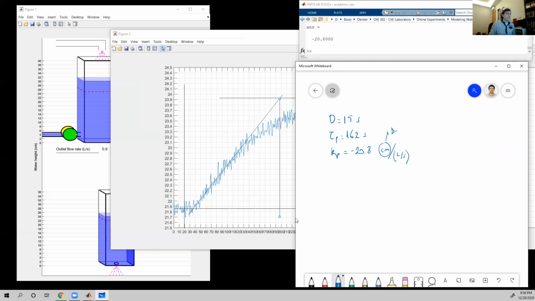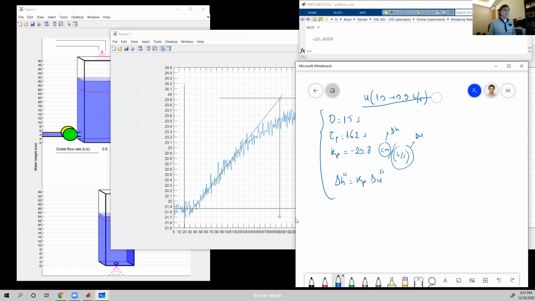This is the delta U, and this is delta Y and delta H, because actually delta H is equal to Kp times delta U, but this is a steady state value, so that's why it's called steady state. Anyway, so these are the values of our process when we change U from 1 to 0.9 liters per second.